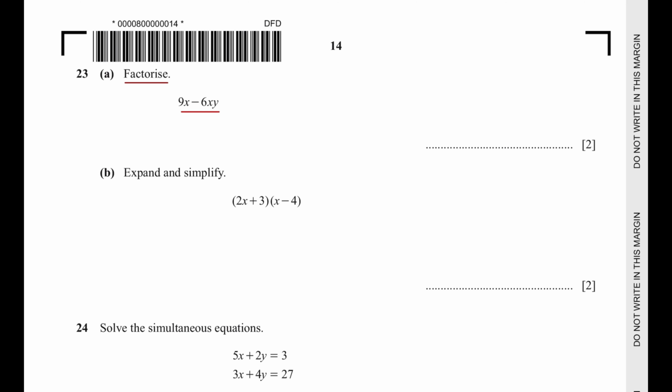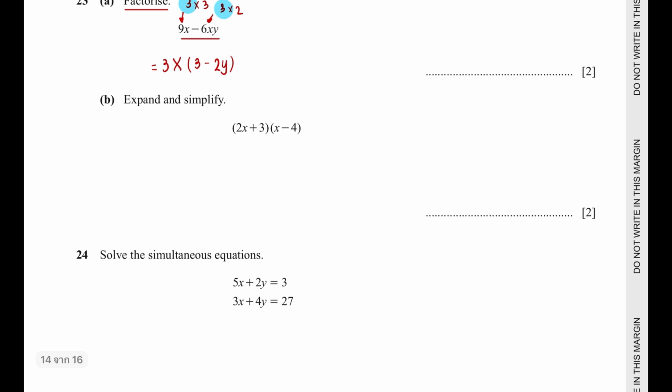Question 23. Factorize 9x minus 6xy. So I will bring x outside. And then 9 equals 3 times 3, and 6 equals 3 times 2. So we have 3 as a common term. So I will bring 3 outside. So the first term will be 3 minus the second term will be 2y.